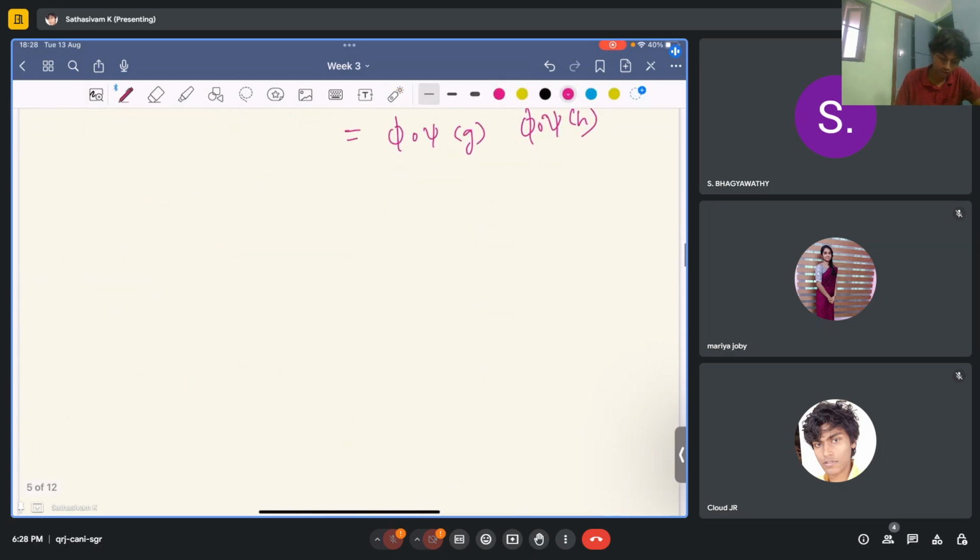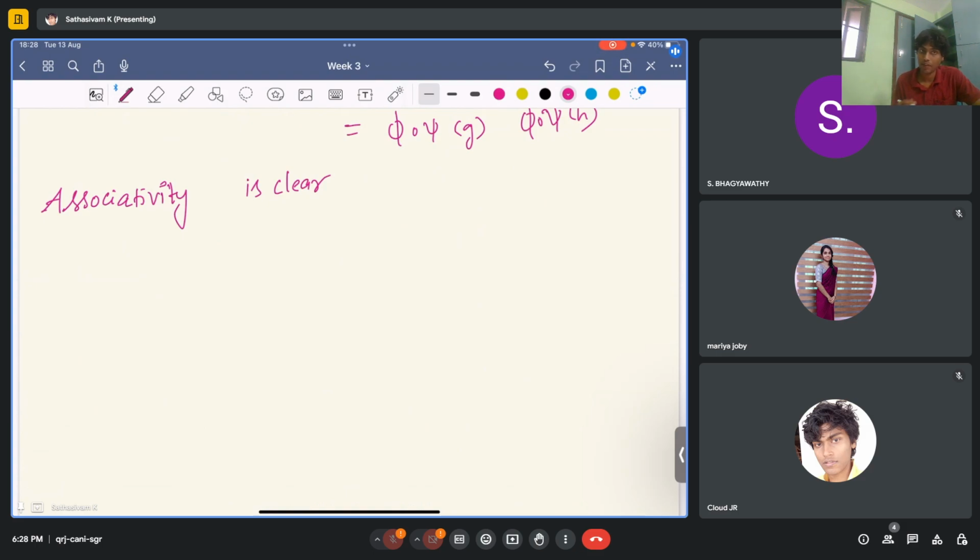Let's look at the associativity. Associativity is also clear. Why? Because if you have a function composition, the composition is always associative. It does not matter if it's a homomorphism or not.